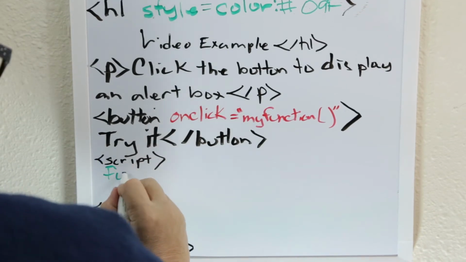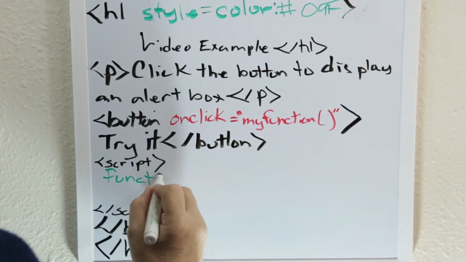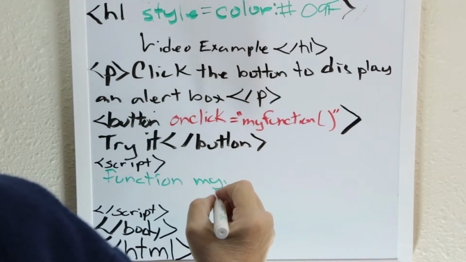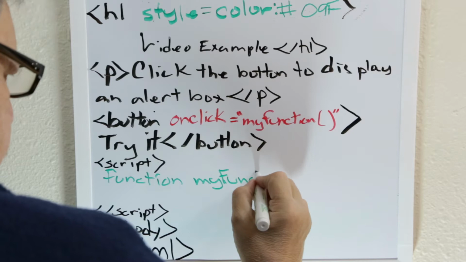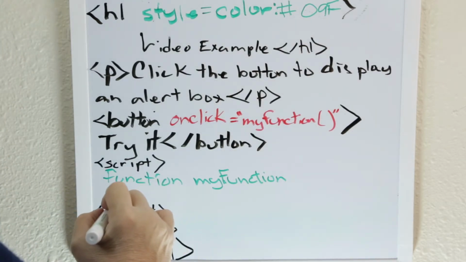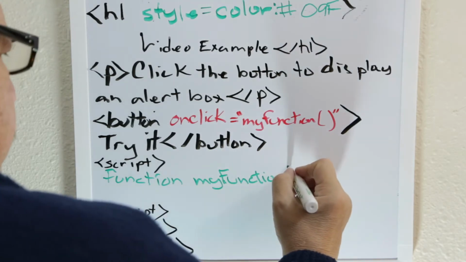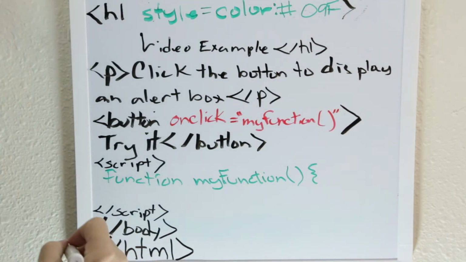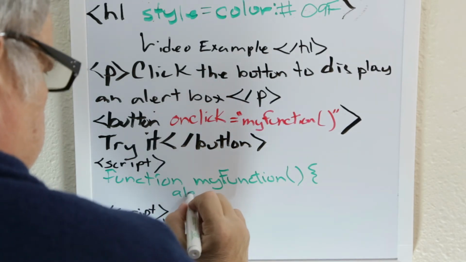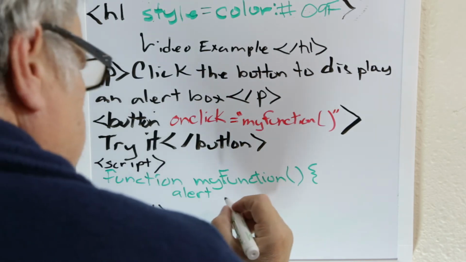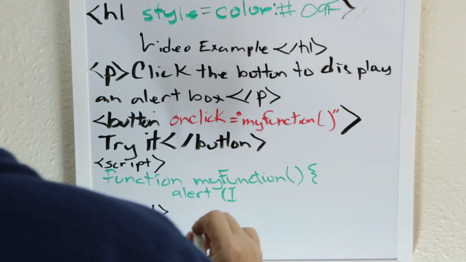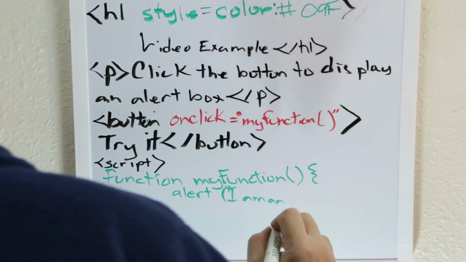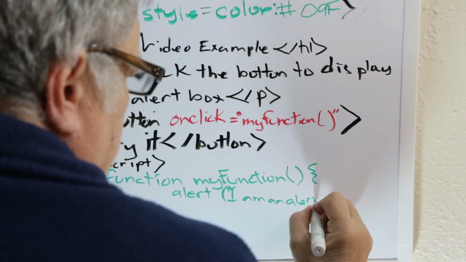So now let's write the function. function myFunction parentheses curly brace alert, and these should be in quotes, I am an alert box.